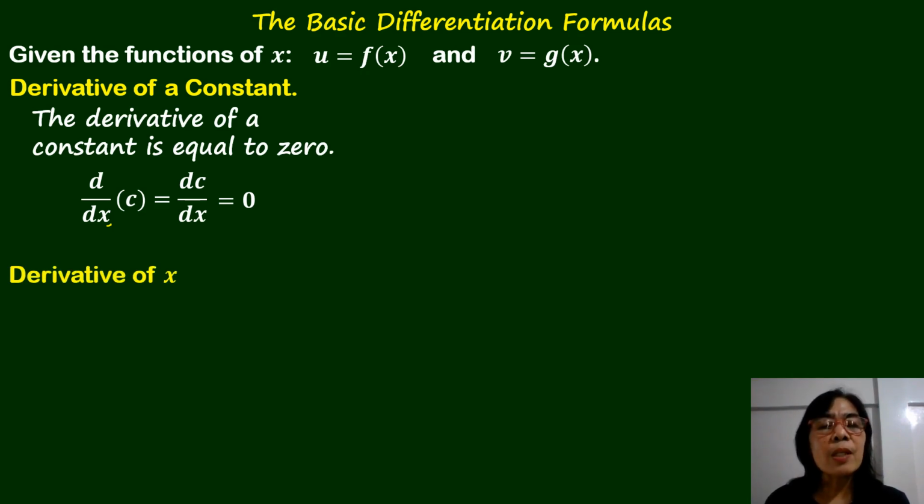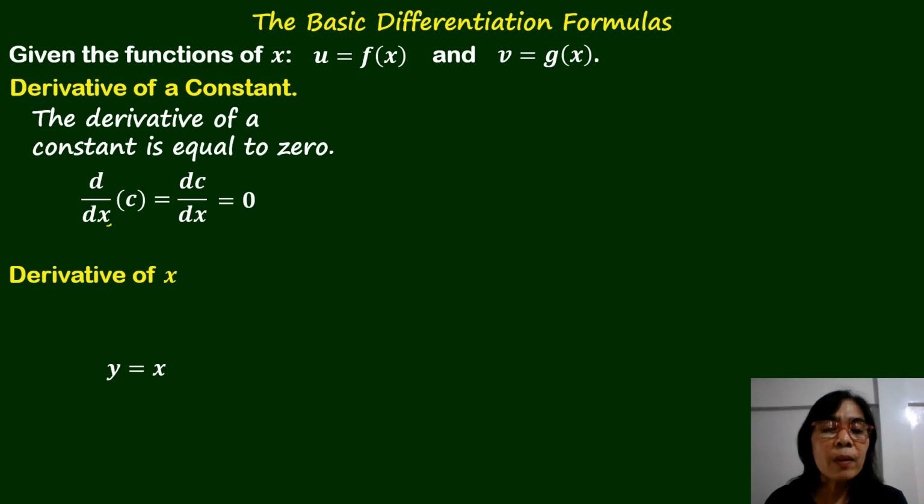The next formula is the derivative of x. Recall again from your analytic geometry that the graph of the function y is equal to x is a straight line inclined upward to the right, whose ratio of the change of vertical to the change of horizontal is equal to 1.